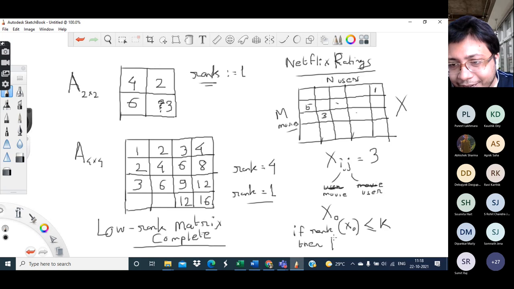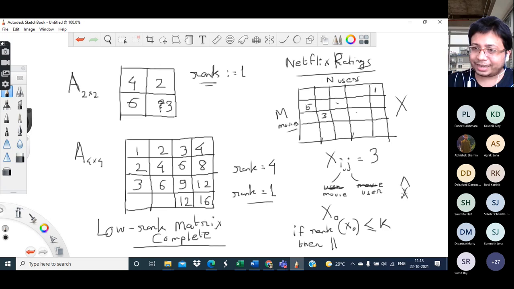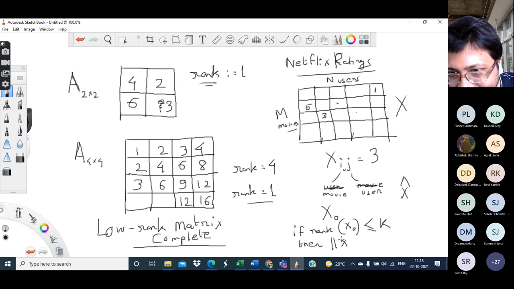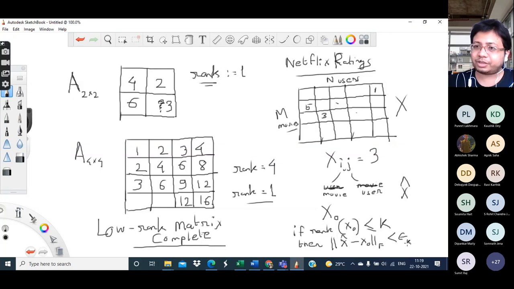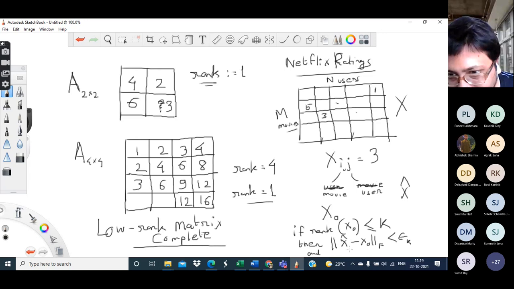I will be able to find an x hat. Okay, what is x hat? It is basically some matrix of the same size, m cross n, such that the Frobenius norm of x hat minus x naught is less than some value epsilon, and this epsilon depends on k, and x hat omega is equal to x omega.